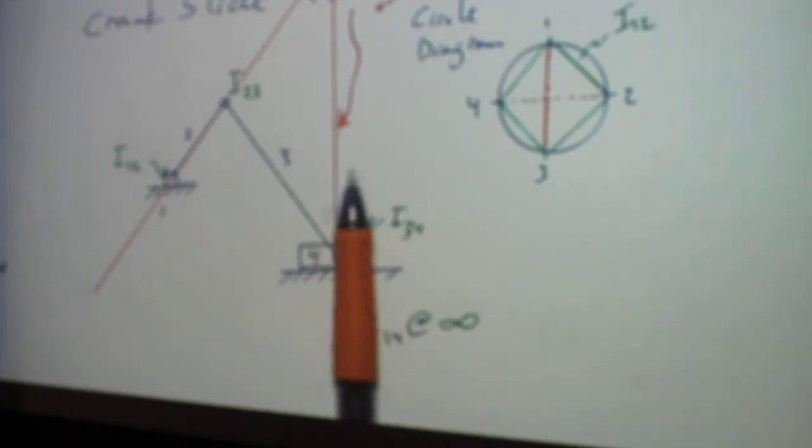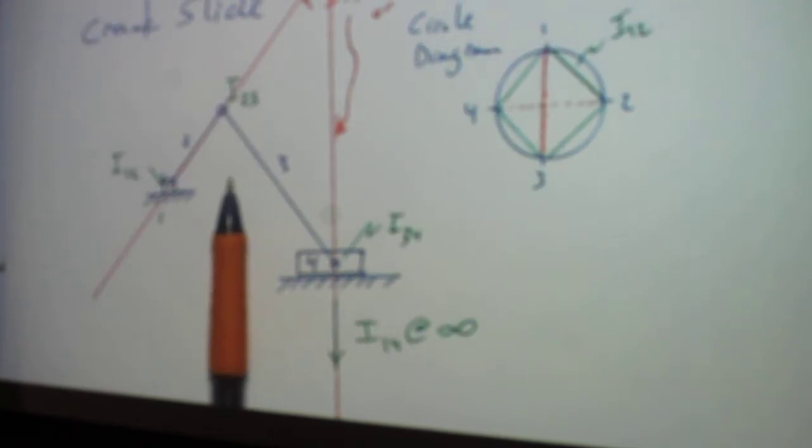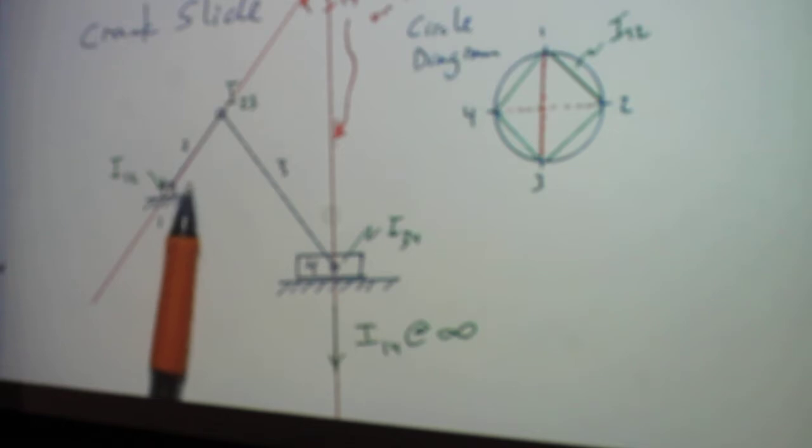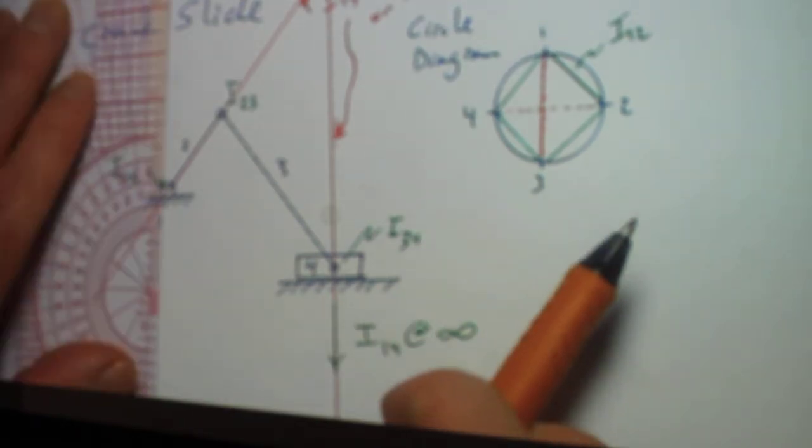So how this works is here's 12. 14 is at infinity, but remember I said that parallel lines intersect at infinity. So what I'm going to do is keep on drawing a parallel line until I get a parallel line that goes through 12.